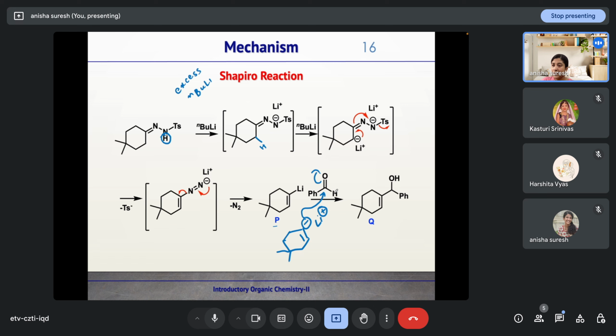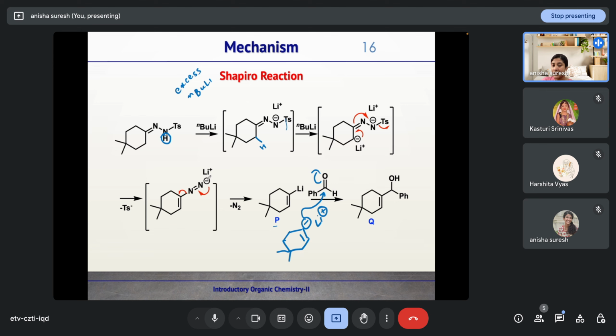So is it clear? First, the most acidic proton will be this proton. That proton will get abstracted, leading to formation of this intermediate. Then we are using excess butyl lithium, so this alpha proton can also be abstracted. Then upon delocalization, this tosyl group will get removed.